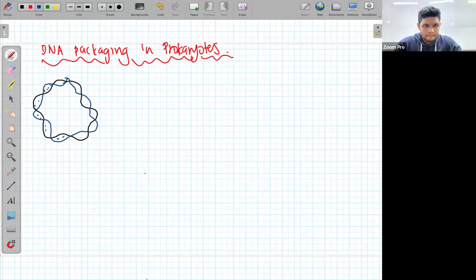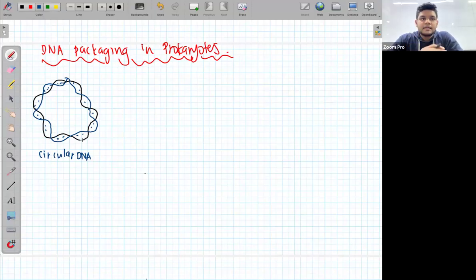This is the circular DNA, this is how DNA is present in a prokaryotic cell.